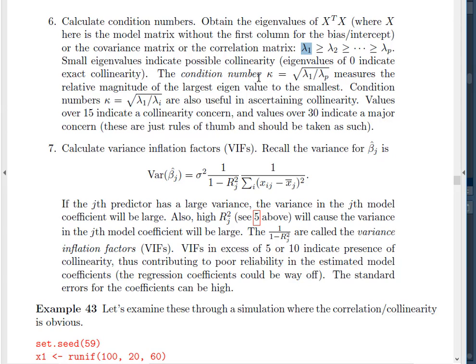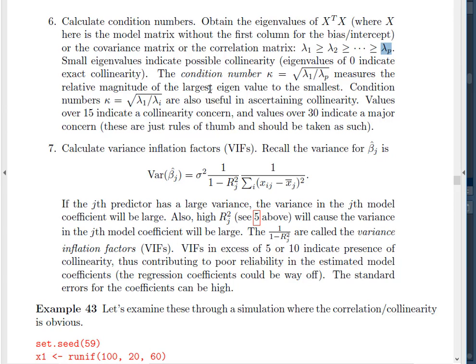So the condition number, maybe there are actually several of them, but if you look at the square root of lambda 1 over lambda p, where lambda 1 is the largest eigenvalue and lambda p is the smallest, each one of these is really a variance along a certain direction. So if I take the square root, it's a ratio of standard deviations. Okay, it's the ratio of the largest standard deviation to the smallest.